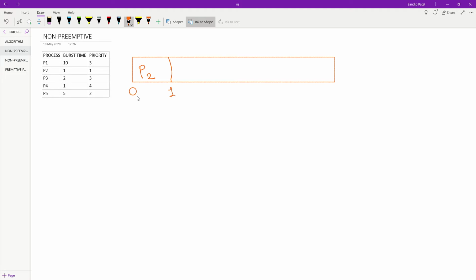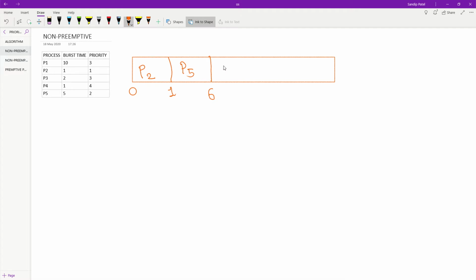It requires only 1 millisecond for execution. The next priority is process P5. You can see the priority is 2. How much burst time is required? 5 milliseconds. So P5 will complete its 5 milliseconds. So 1 plus 5 is 6.